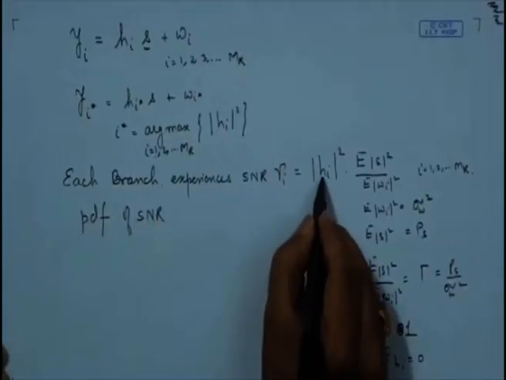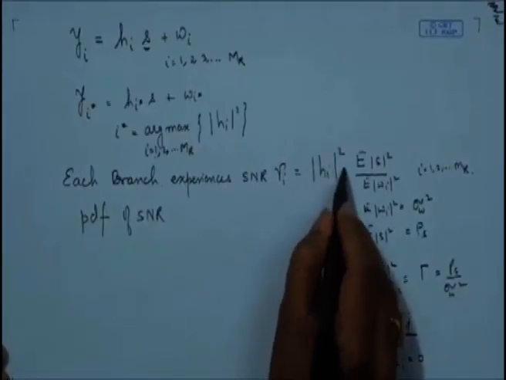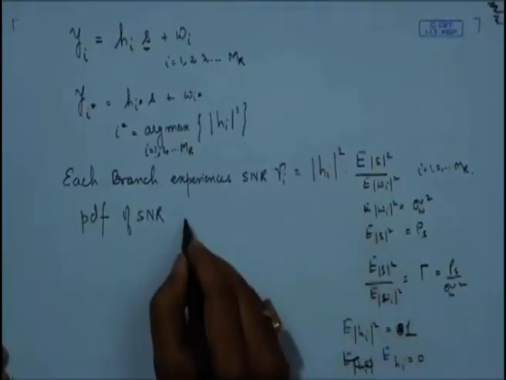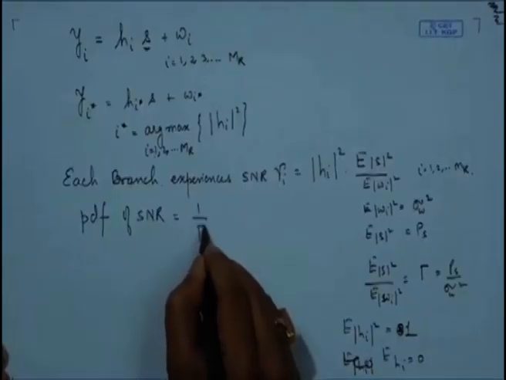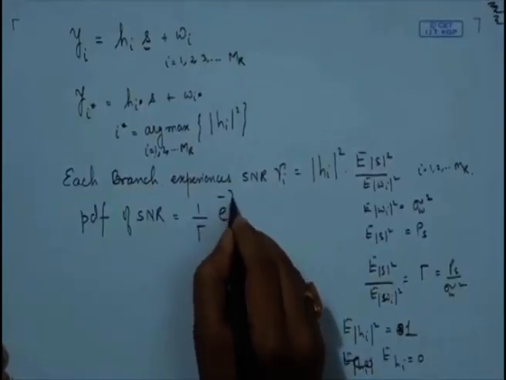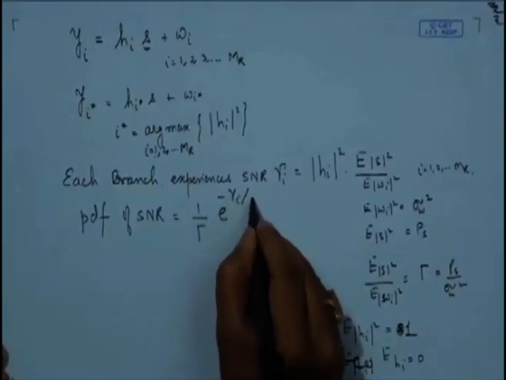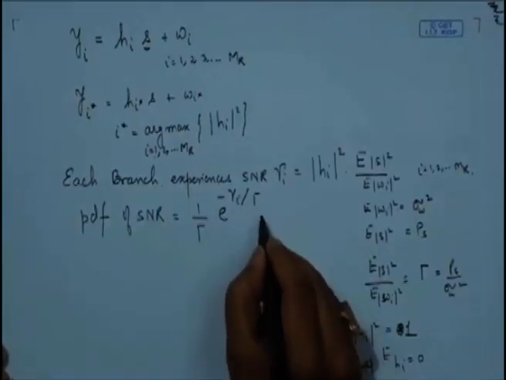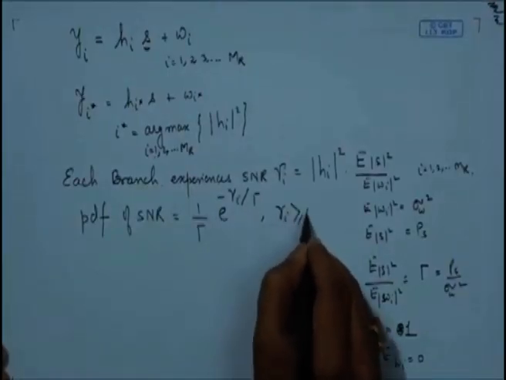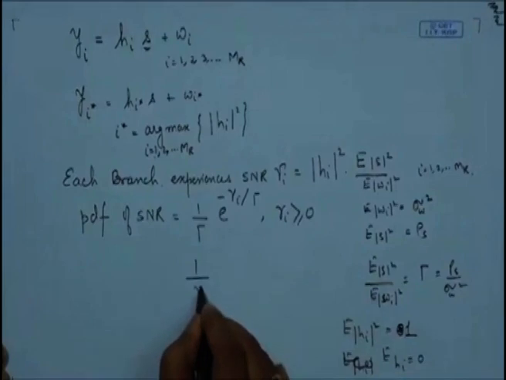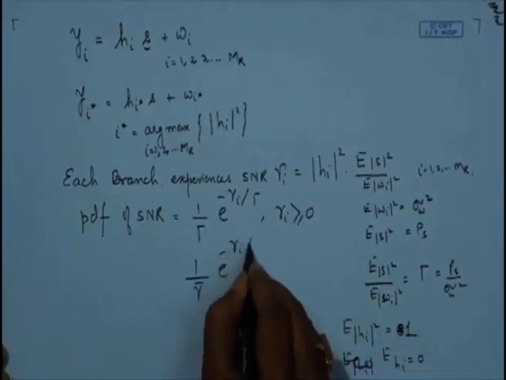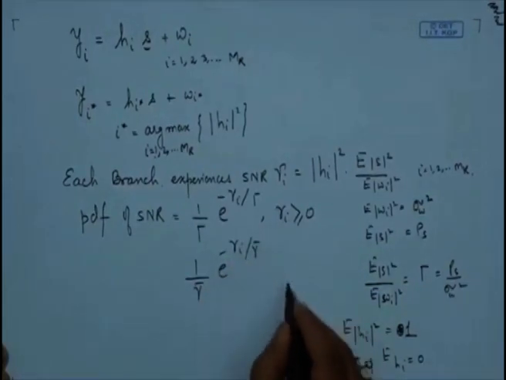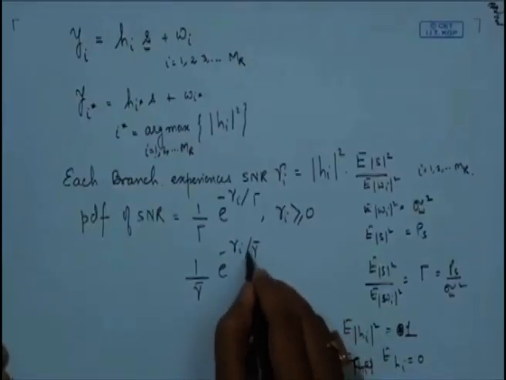When this is Rayleigh, the chi-squared or exponential distribution is given by 1 by capital gamma e to the power of minus gamma_i by capital gamma, where gamma_i is greater than or equal to 0. We could also write it as 1 by gamma bar e to the power of minus gamma_i by gamma bar, meaning this is the average received signal strength.